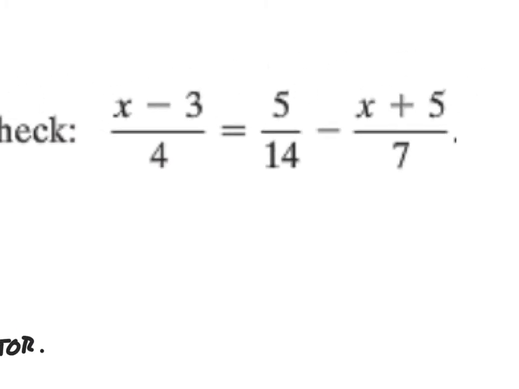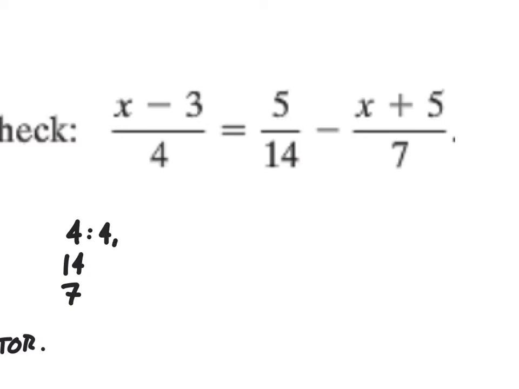So my common denominator, thinking of the numbers 4, 14, and 7, my least common denominator is going to be 28, okay? And I know that simply because I can list out my multiples.